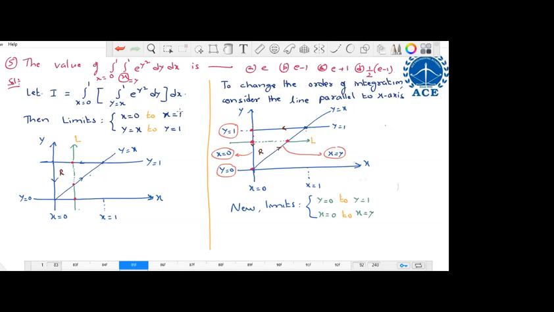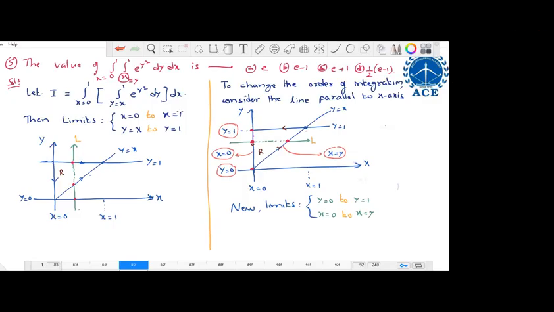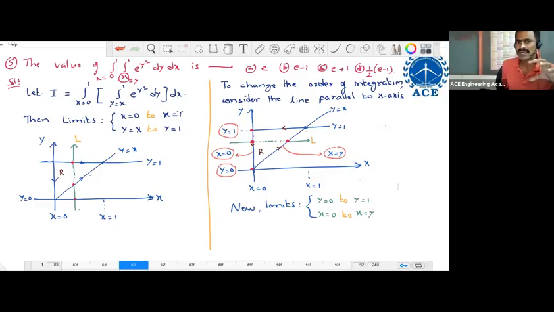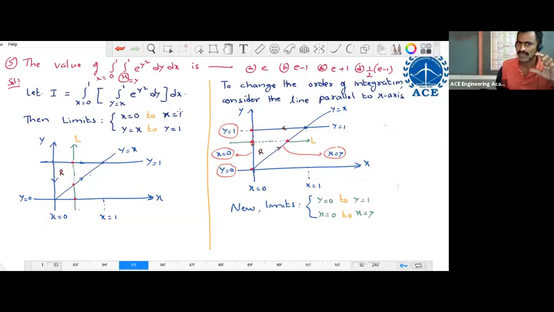Sir, here actually I have a confusion. Will it be the triangle which you have drawn, or the opposite one, the lower triangle? It is not always a triangle. That depends on the given limits only.